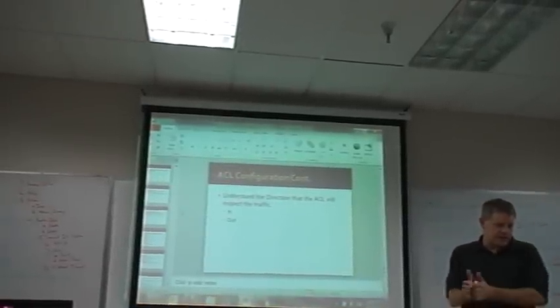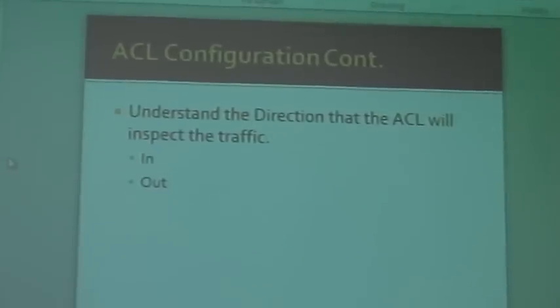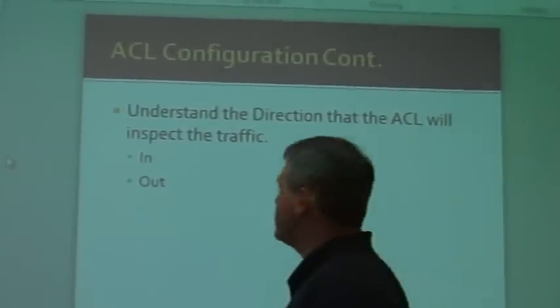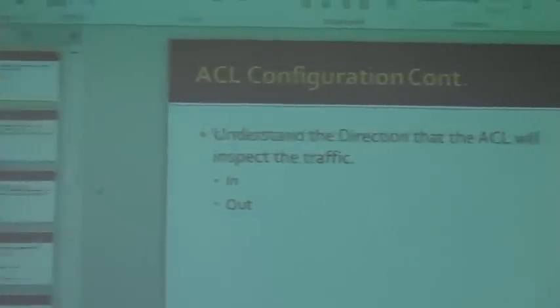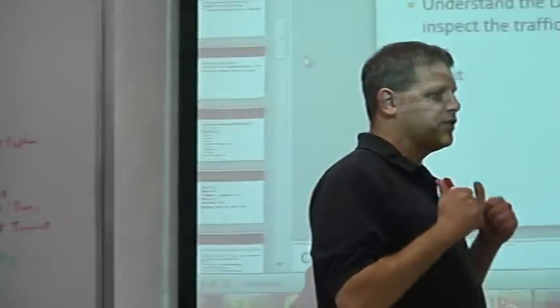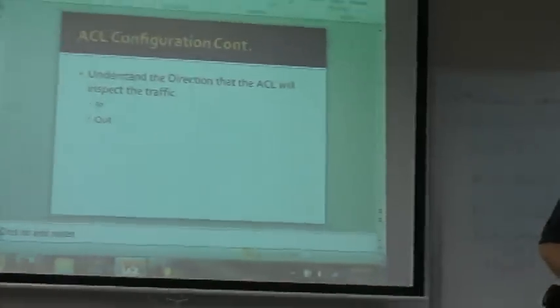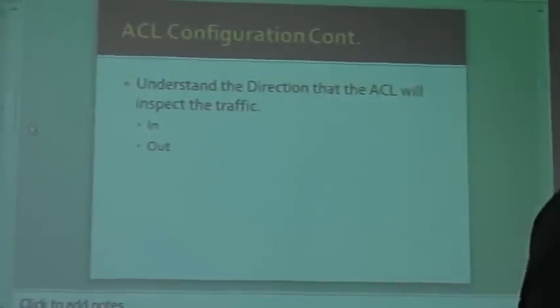So you have to understand the direction the ACL will be traveling and whether it's going to be inspected inbound or outbound. That's very important when we get to configuring the access group command on the interface. Remember this, because this is a very, very rookie mistake, and you'll lose 5 points for every access list that you have to configure.